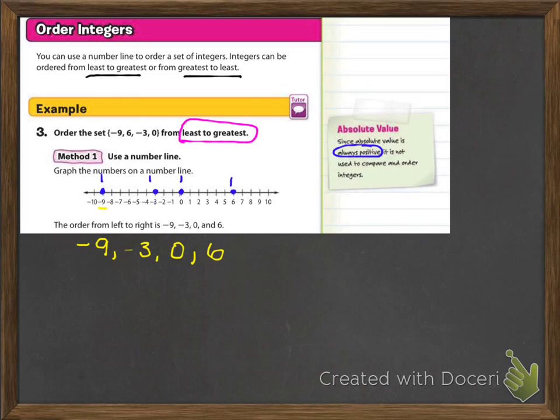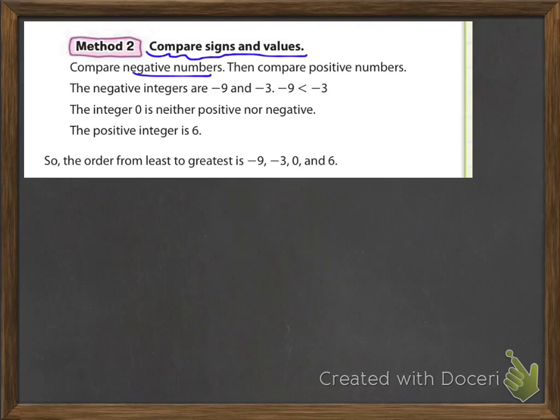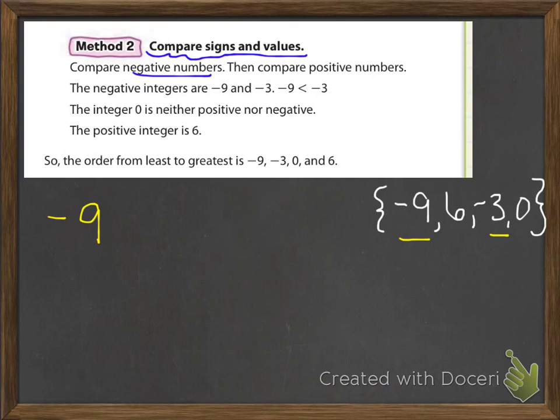Out of my numbers here, which were -9, 6, -3, and 0, which I'm going to write right up here in the corner, you don't have to rewrite it though because you see it all on one page. So the first thing we're going to compare are the negatives. The negative integers are -9 and -3. So we need to think, okay, -9 is going to be less than -3, because -3 will be closer to the right than -9.